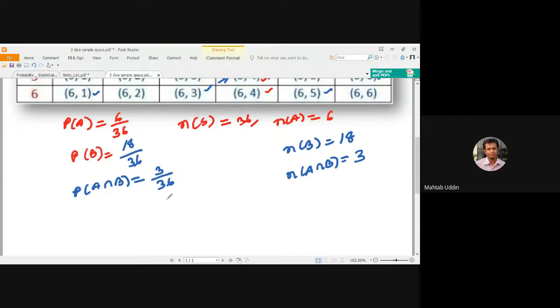Okay. Now we can find P of A into P of B. P of A into P of B is what? 6 by 36 into 18 by 36, which is 3 by 36. And this is exactly what?